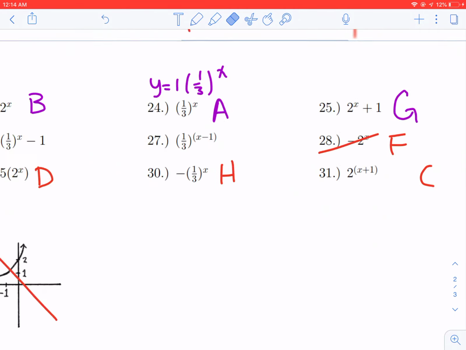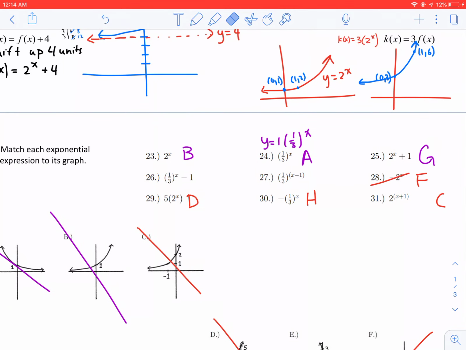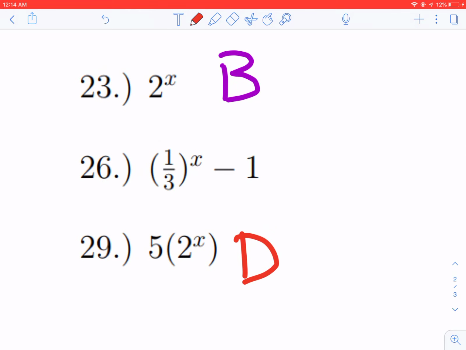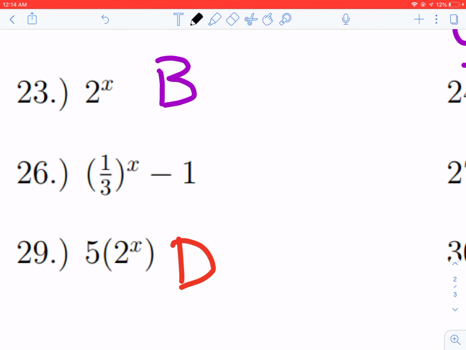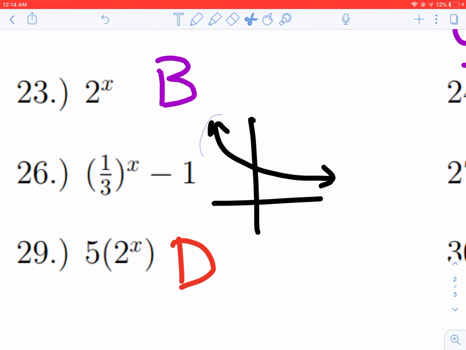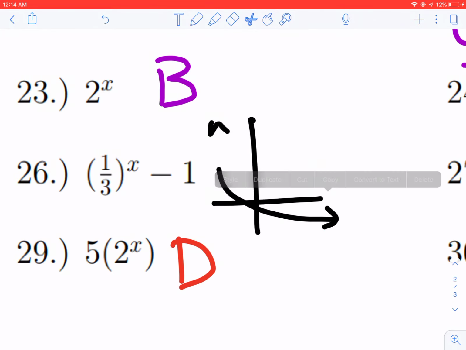All right, which means we're left with 26 and 27. Actually, they're not that bad. I don't know why I skipped these. But 26 is a decreasing exponential function shifted down 1 unit. So our horizontal asymptote goes from y equals 0 to y equals -1.